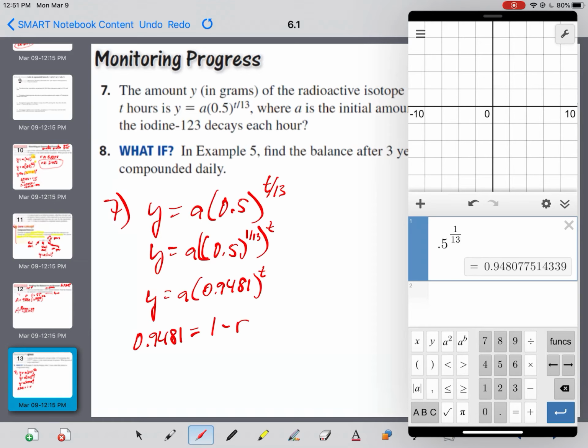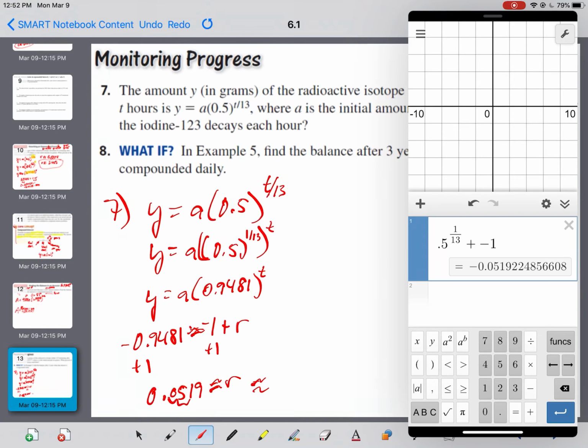0.9481 equals 1 minus r. If I just do this, it changes all of them, and then just add 1 over. So I want that plus -1. And I just do the opposite of that. So 0.0519 equals my approximate rate.